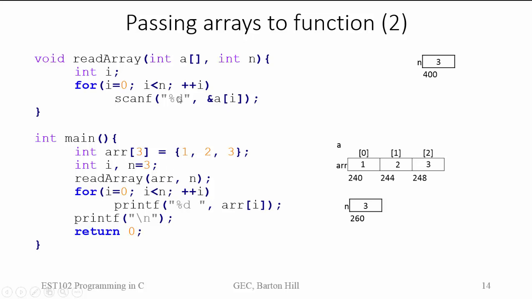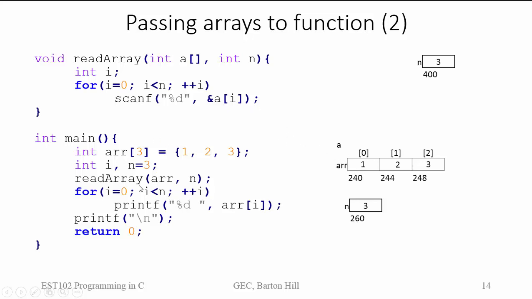Okay, so here ARR is not accessible, but A is accessible and A will be having the starting address of 240. Since we are passing ARR to an array A, this A will be pointing to or indicating the same location.